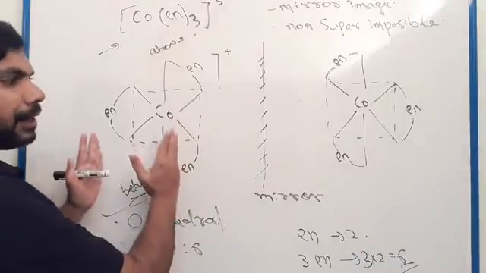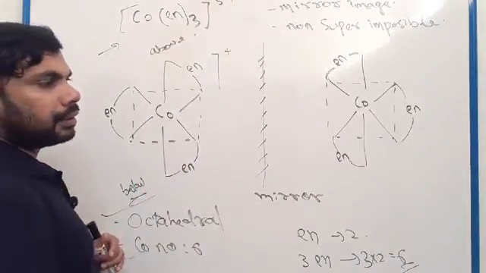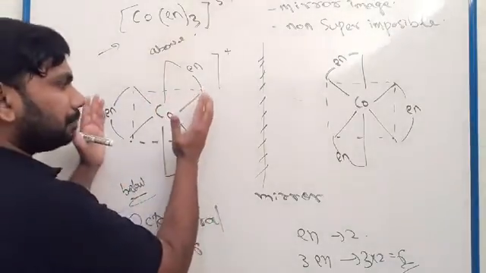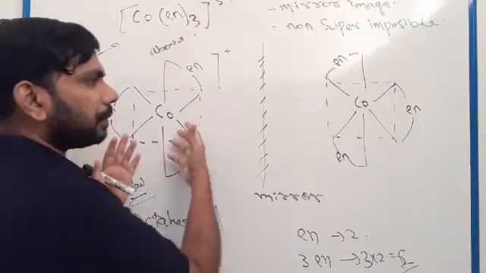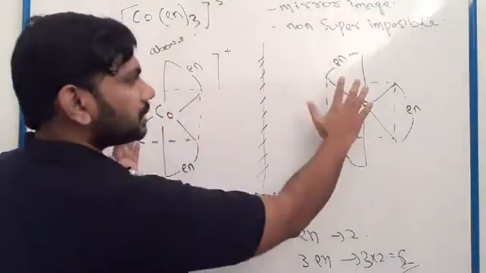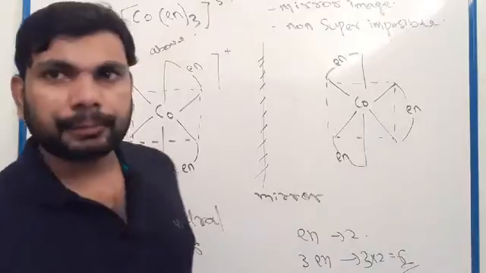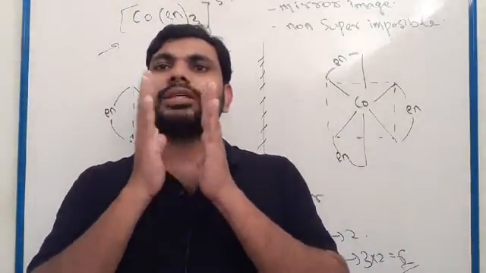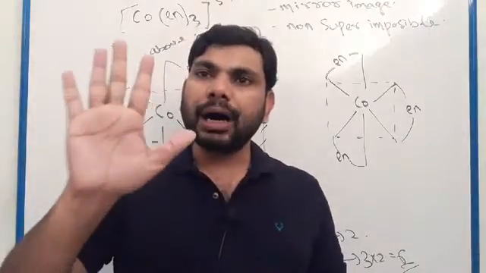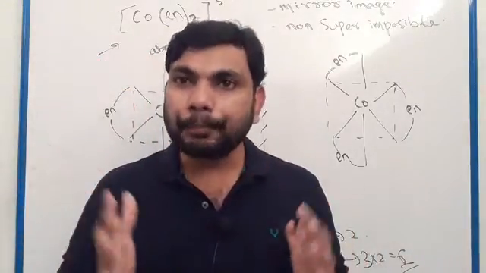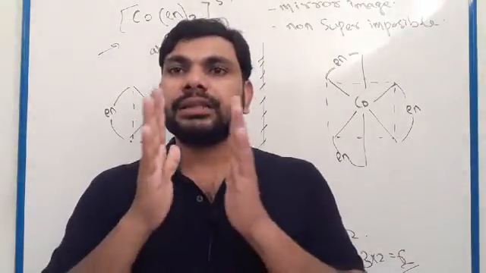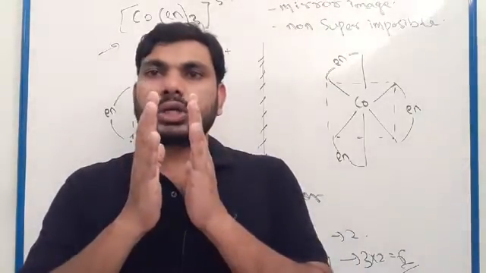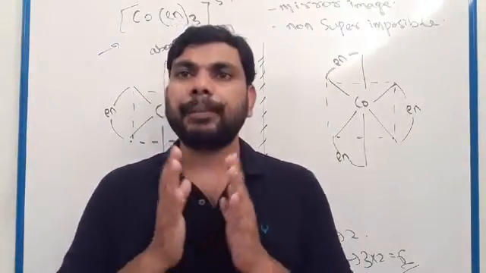It is a flipped image. When you keep this image over here, they do not match each other. When you take your 2 palms together, they are superimposable. Each finger comes together, matching together.